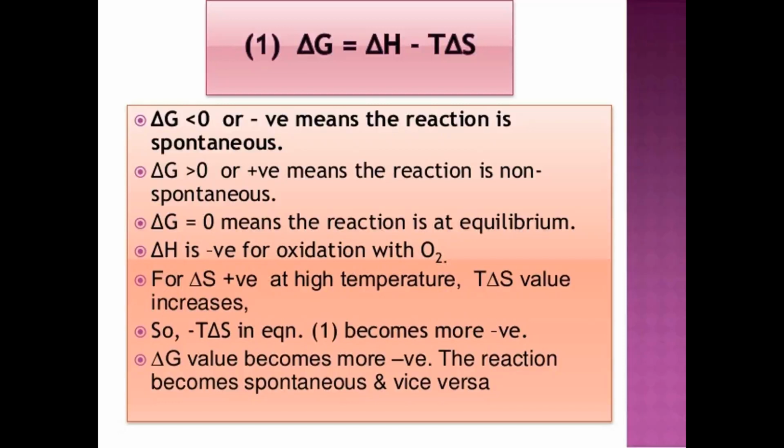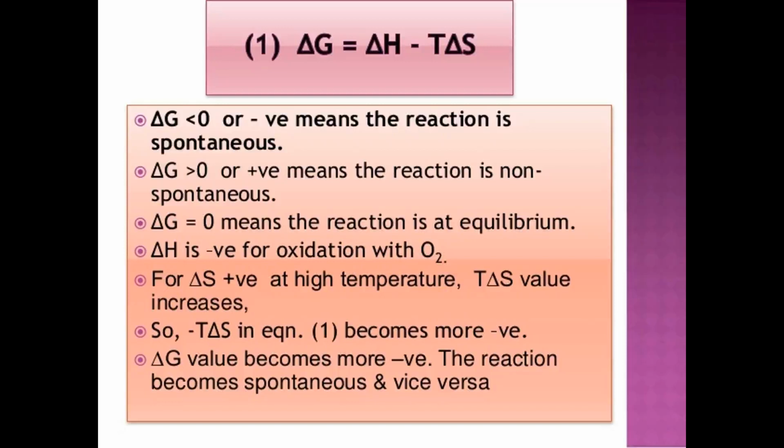If del G is less than 0, or negative, the reaction is spontaneous. I already told you that the thermodynamic principle of metallurgy is based upon what? Spontaneous reaction. It is not non-spontaneous and it is not at equilibrium. It is fully spontaneous.